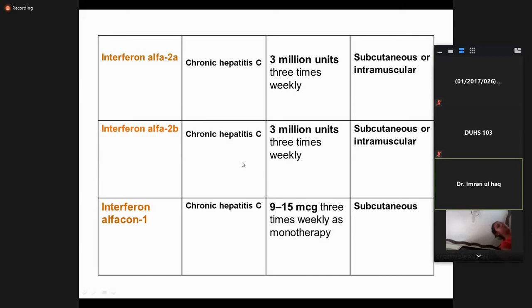Interferon alpha 2B, chronic hepatitis C, 3 million units 3 times weekly, just like interferon alpha 2A, either subcutaneously or intramuscularly. There is another preparation, interferon alfacon-1, 9 to 15 microgram 3 times weekly as monotherapy, and the route of administration is subcutaneous. Just like pegylated interferon, it can only be given subcutaneously.